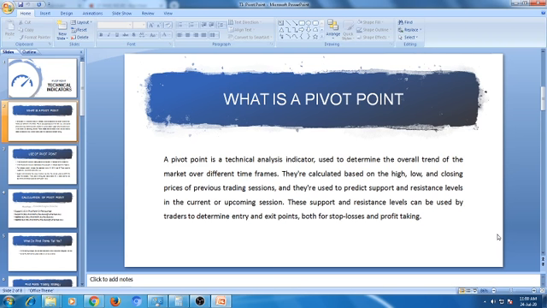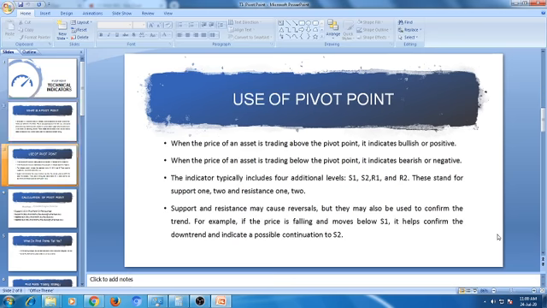These are calculated based on the previous high, low, and close of the previous sessions. They are used to predict the support and resistance levels in the current as well as the upcoming session. These levels can be used by traders to determine entry and exit points.